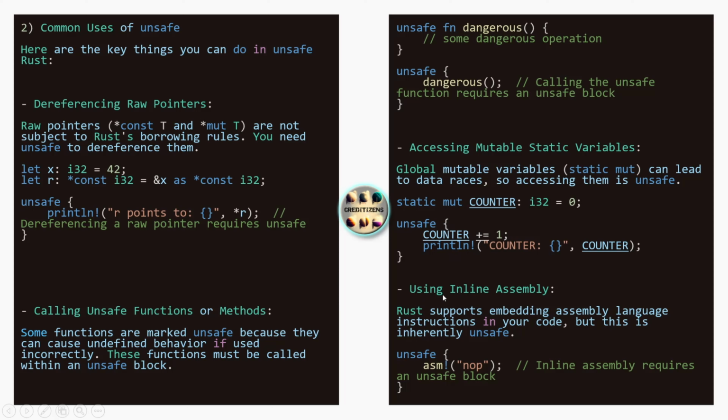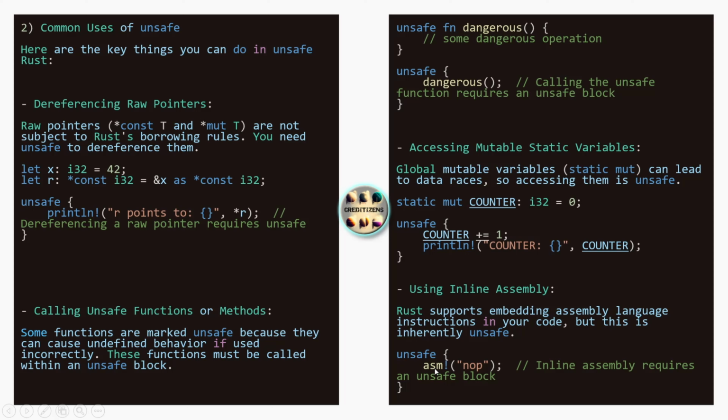Using inline assembly. So Rust supports embedding assembly language instructions in your code, but this is inherently unsafe. So assembly, it's another language that is closer to the machine. So here Rust permits to interact directly with the machine using some assembly.